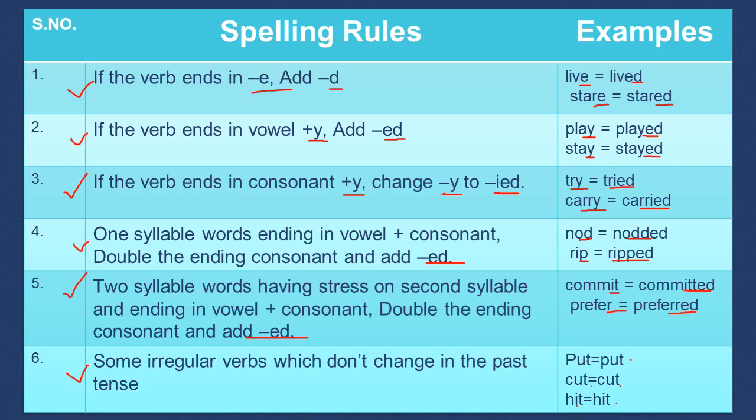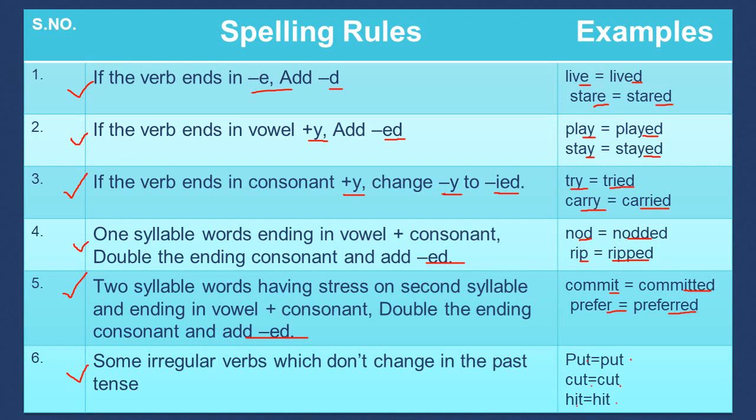Number 4, one syllable words ending in vowel plus consonant. For example, nod, nodded. In such spellings, you just need to double the ending consonant and add ED. For example, nod: we double the last consonant, that is D, so nodded.